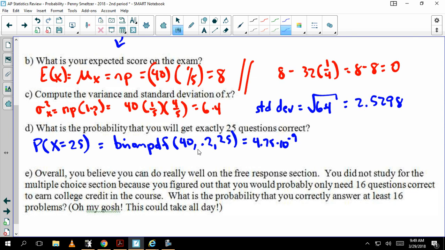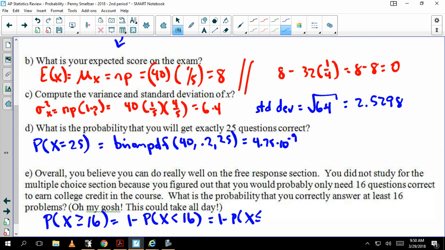It could, because what I'm looking for is the probability that you get 16 or more questions correct, which is 16 plus 17 plus 18 plus 19. It could take all day unless you look at the complement, which is 1 minus the probability that it's less than 16, or 1 minus the probability it's less than or equal to 15.